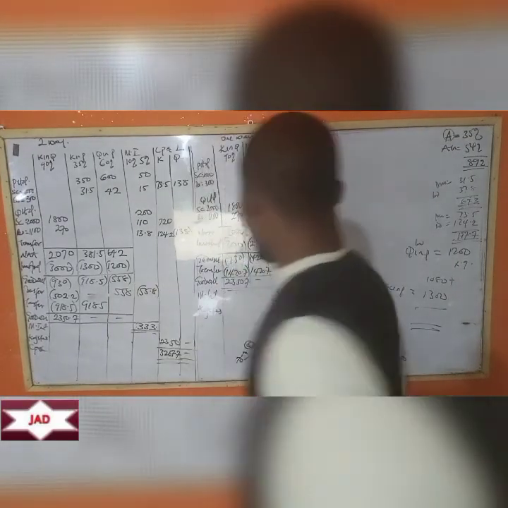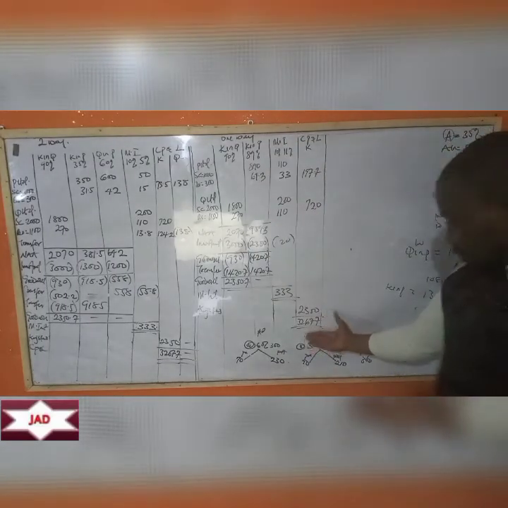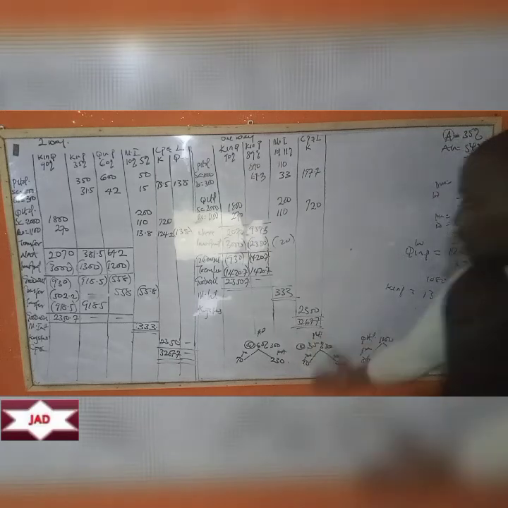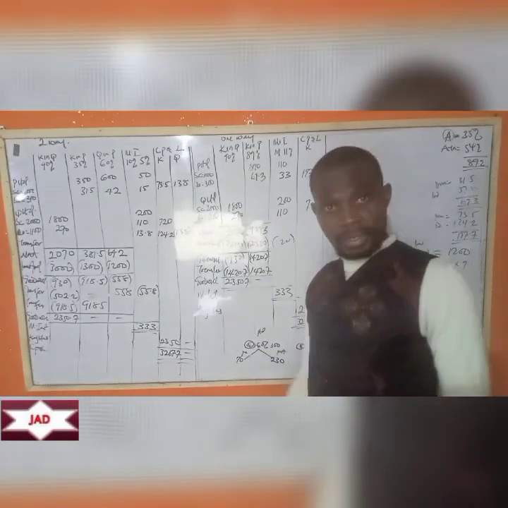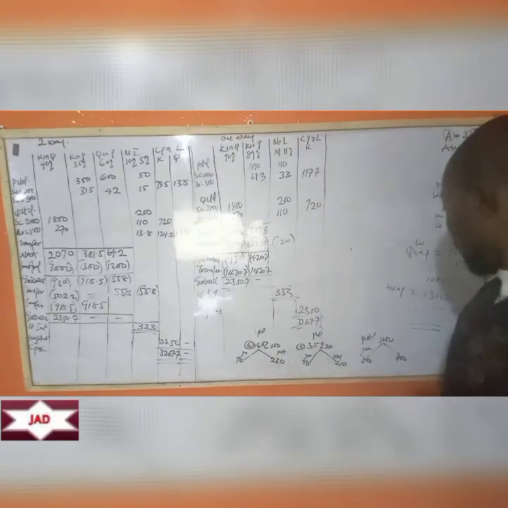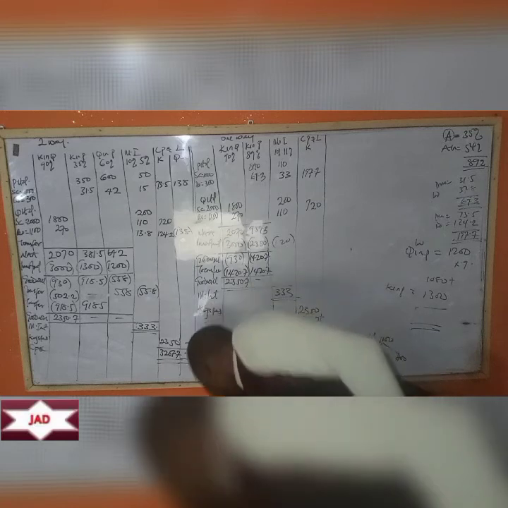So you can see that the one-way method gives you the same end result as the what? Two-way method, right? So let's prepare the consolidated balance sheet.